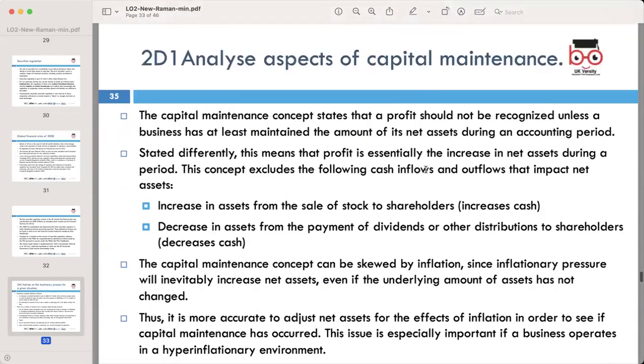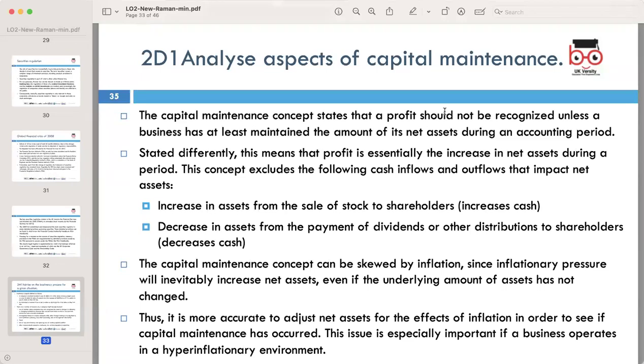Analyze aspects of capital maintenance. The concept of capital maintenance asserts that profit recognition should occur only if a business maintains its net assets during an accounting period. So profit is essentially the increase in net assets.